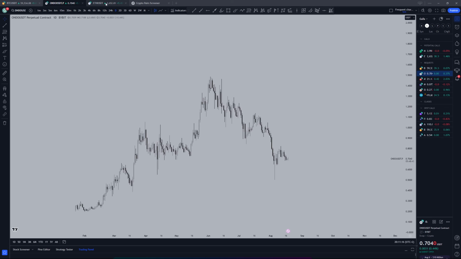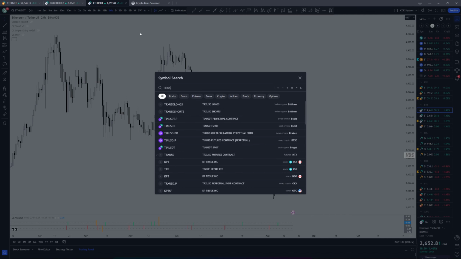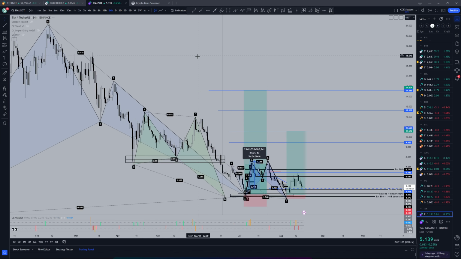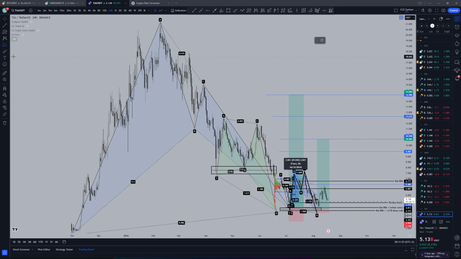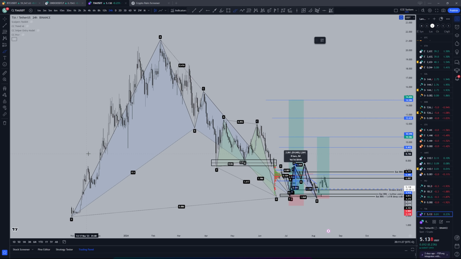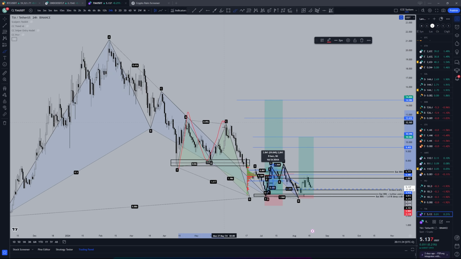For example, if I were to go on TIA, we can see like this kind of mountain at the start here, where you formed not only a bat, you formed a shark here as well. I just don't have it marked. And you formed a deep crab on the way down again.